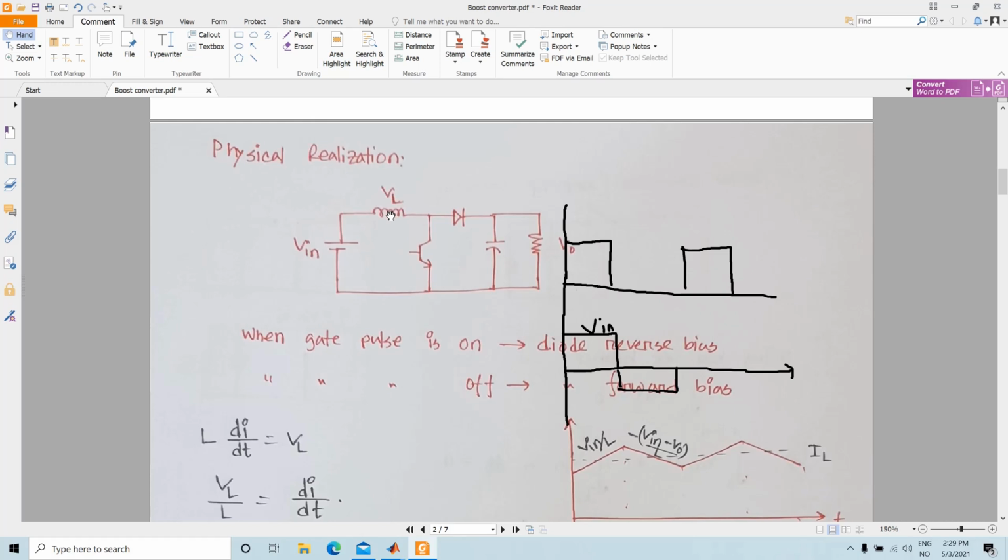The stray resistance comes from rho L by A, the resistance in that straight piece of wire that is wound. So from that part of the wire you have a certain stray resistance. This value is typically much lower than the inductance value. However, this contributes to the losses in the system.